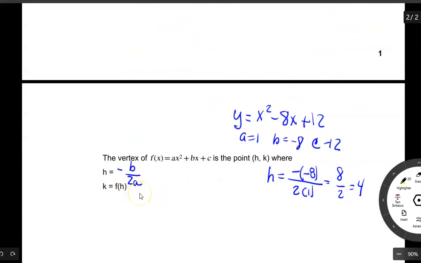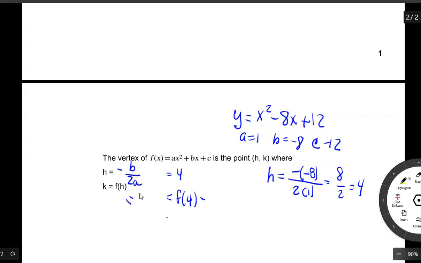And then when you want to find the k, in other words, the y value of the vertex, you would take f of h. Well, we just calculated h in this problem. So I'm going to just put equals 4 because that's what we calculated for our specific problem. To calculate k, we would take f of 4.